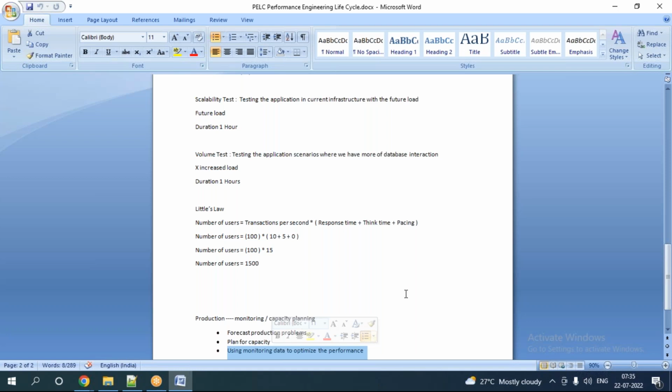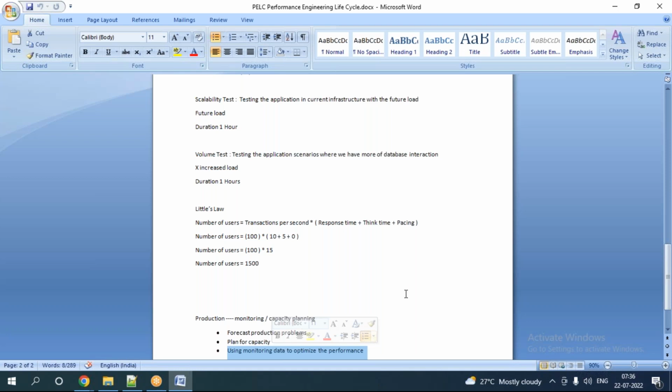So through that you want to optimize anything or what? Because if you are getting high CPU, high memory, or high garbage collection, then you need to think through and try to resolve your CPU level problem, memory level problem, garbage collection level problem. You need to work on it. So that's where optimization comes into the picture.